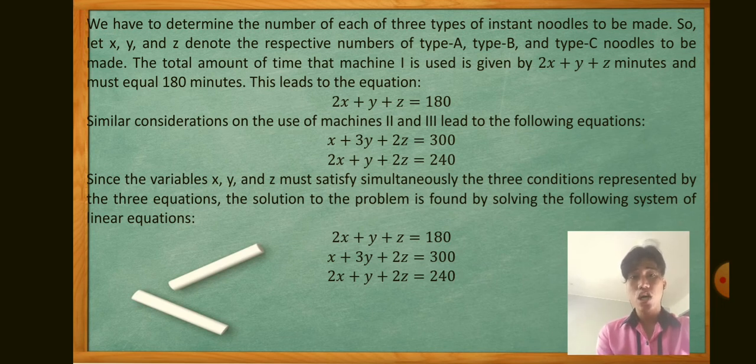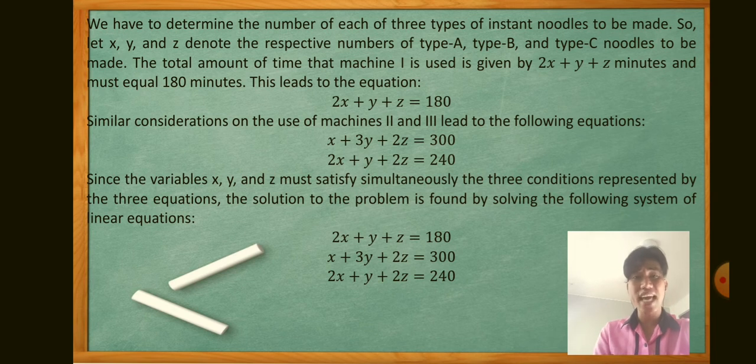Similar considerations on the use of machines 2 and 3 lead to the following equations: x plus 3y plus 2z equals 300, and 2x plus y plus 2z equals 240.